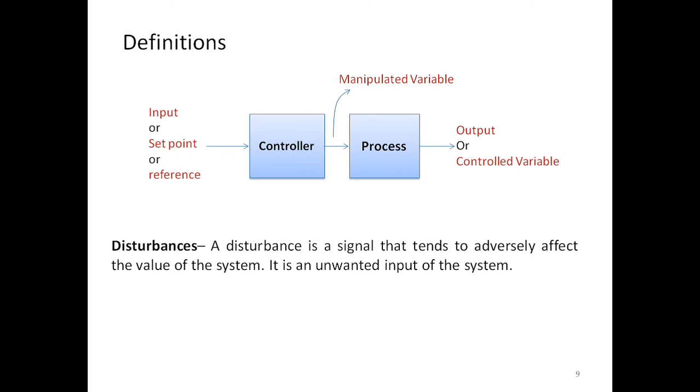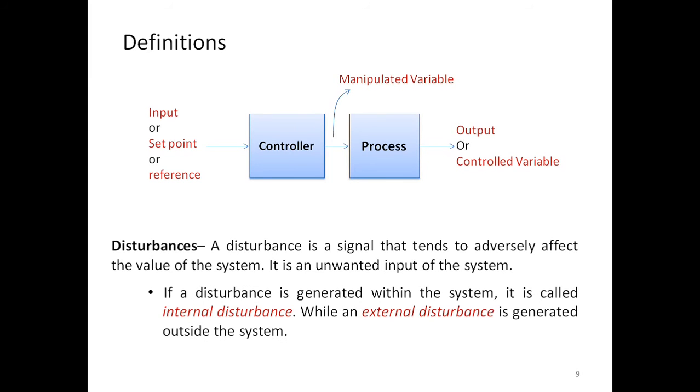But in this process we neglect one thing, that is disturbances. A disturbance is a signal that tends to adversely affect the value of the system. It is an unwanted input of the system. If a disturbance is generated within the system, it is called an internal disturbance, while an external disturbance is generated outside the system.